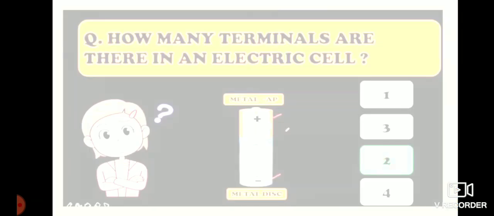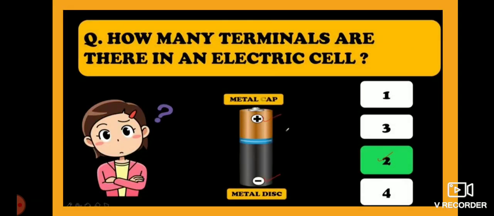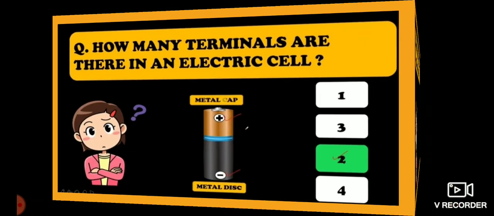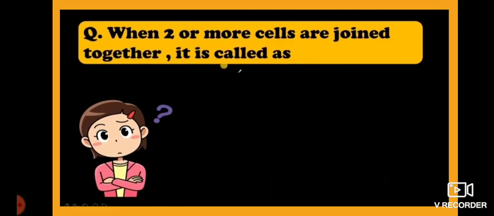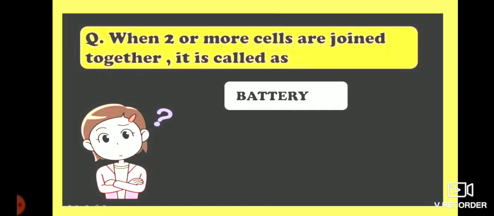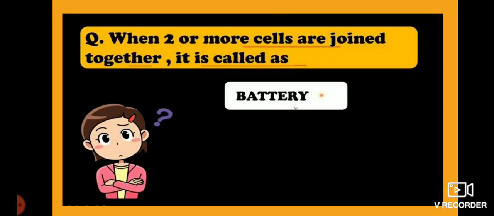Yes, you are right. An electric cell has two terminals. A positive terminal, that is the metal cap, and a negative terminal, the metal disc. When two or more cells are joined together, it is called as? Yes, it is called a battery.